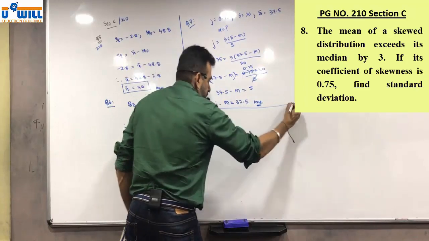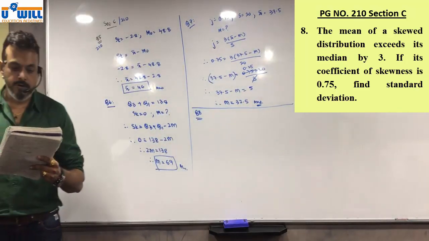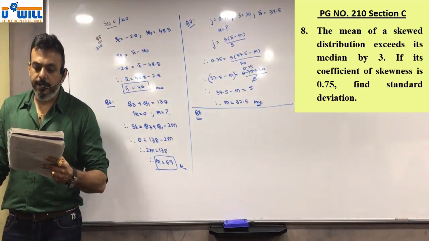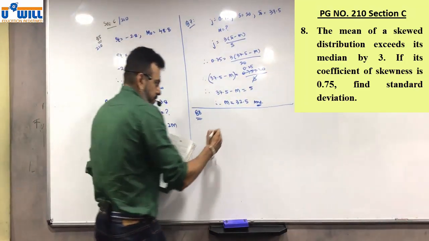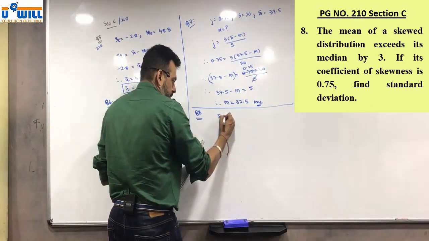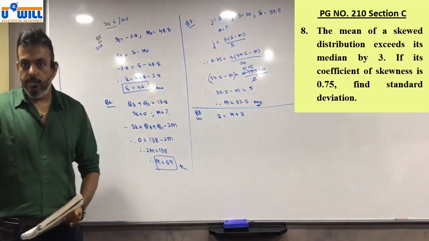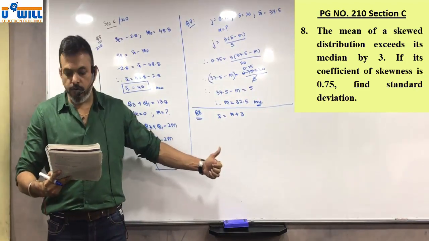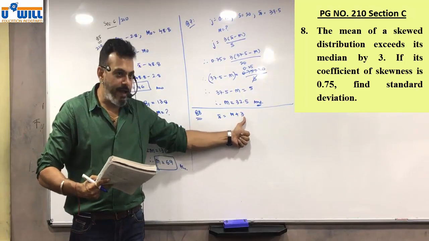Question 8. The mean of a skewed distribution exceeds its median by 3. That means mean x bar is equal to median plus 3. Once again: the mean of a skewed distribution exceeds its median by 3.